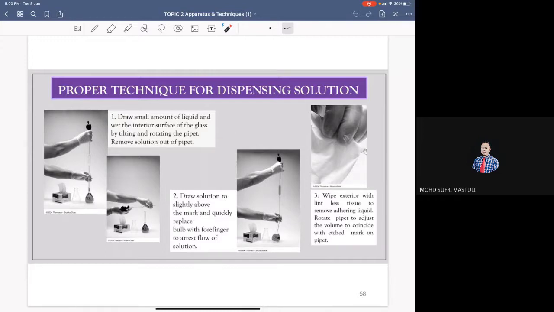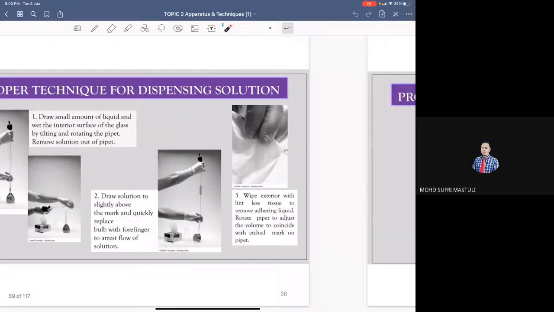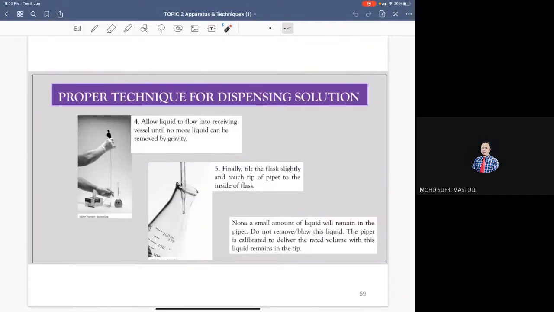Draw the solution to slightly above the mark. Quickly replace the bulb with the forefinger to arrest the flow of solution. Wipe the exterior with lint-free tissue to remove any adhering liquid. Rotate the pipette to adjust the volume to coincide with the mark on the pipette. Allow the liquid to flow into the receiving vessel until no more liquid can be removed by gravity.